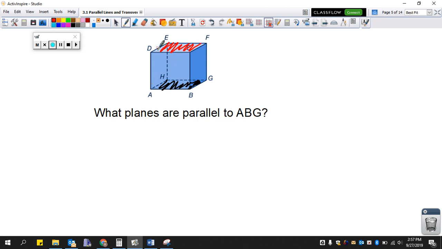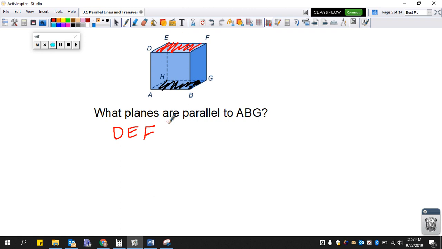Okay, so that would be plane D, E, F, or any combination of C, D, E, F. Okay, because this is C here. So any combination of the three of those, as long as you follow the lines around.